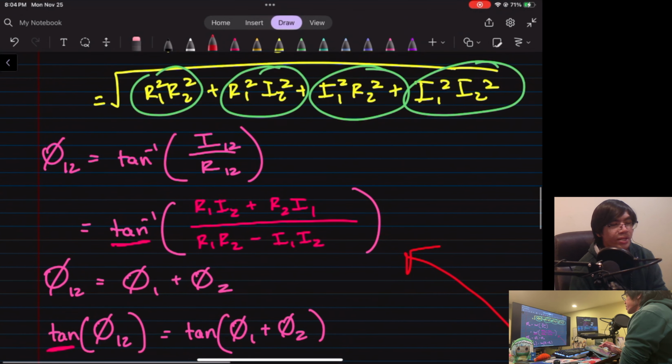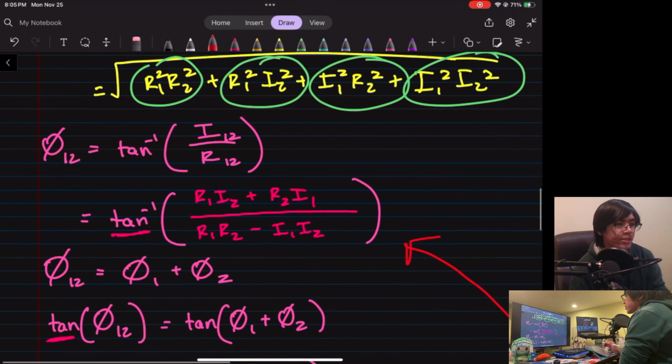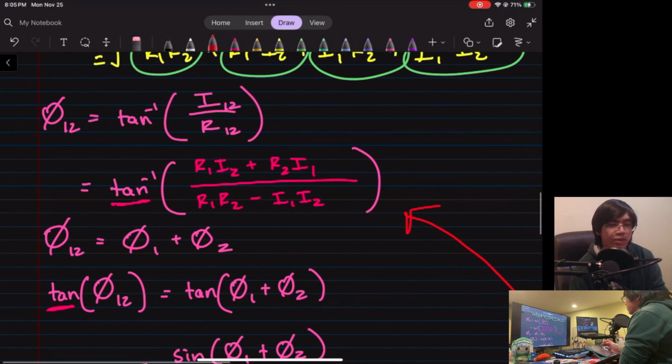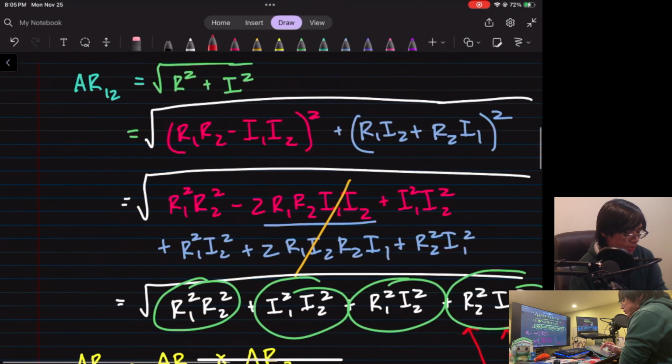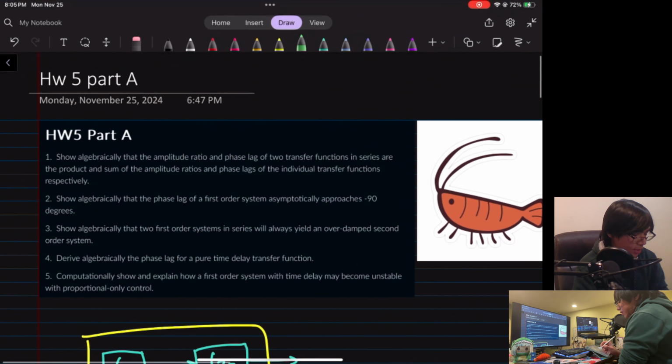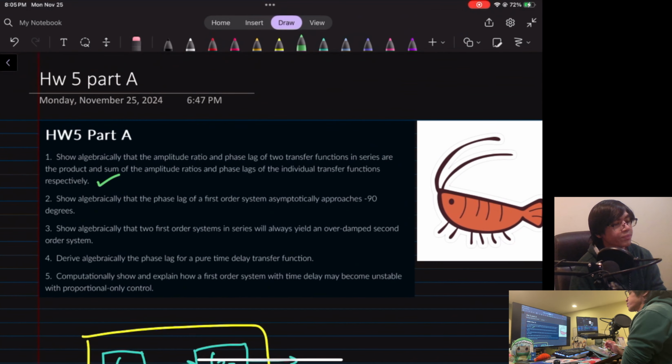And for the phase lag of transfer functions in series, that overall phase lag is the addition of two phase lags, given that those transfer functions are, of course, in series. So that makes us done with this first part here.